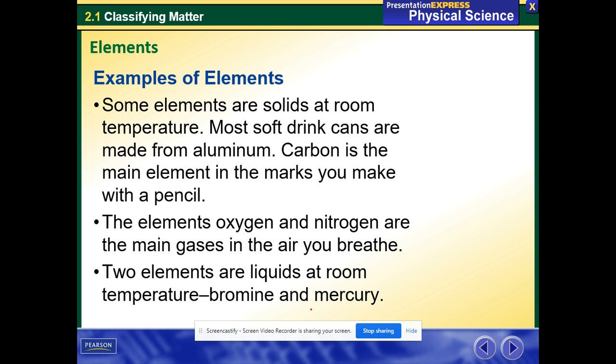And then there are two elements that are liquids at room temperature, and these two are bromine and mercury. Now, all of these elements have something called a chemical symbol located on the periodic table. For example, aluminum is Al, carbon is just a C, oxygen is O, nitrogen is N, bromine is Br, and then mercury is Hg located on the periodic table.